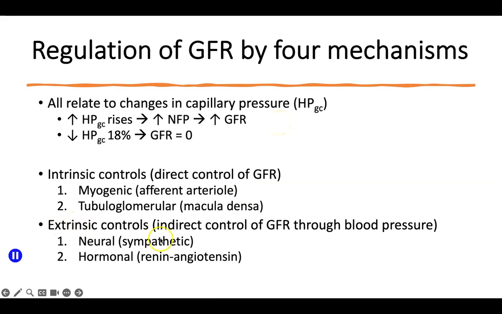And then we also have extrinsic controls. This would be indirect control through regulation of blood pressure. In this case, it would be neural, so sympathetic regulation of net filtration pressure, and hormonal. This is mainly through the renin and angiotensin system, which we'll talk about more later.